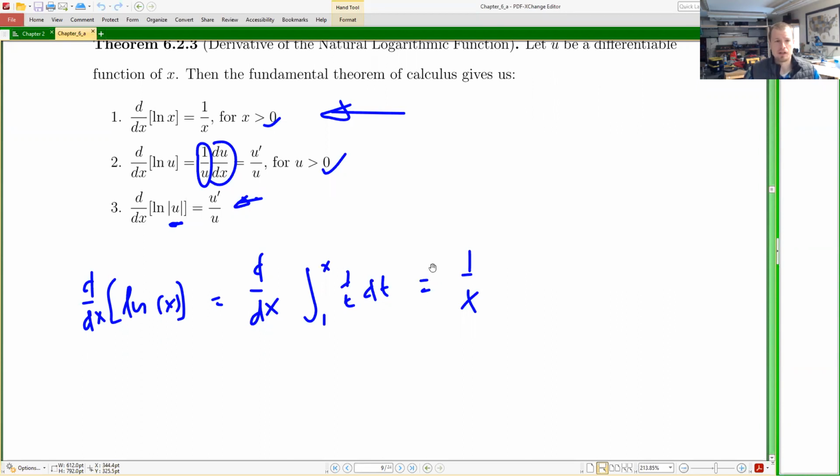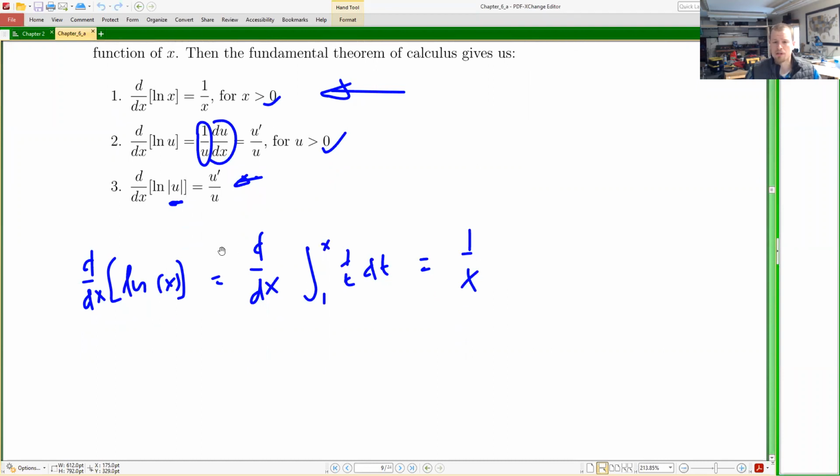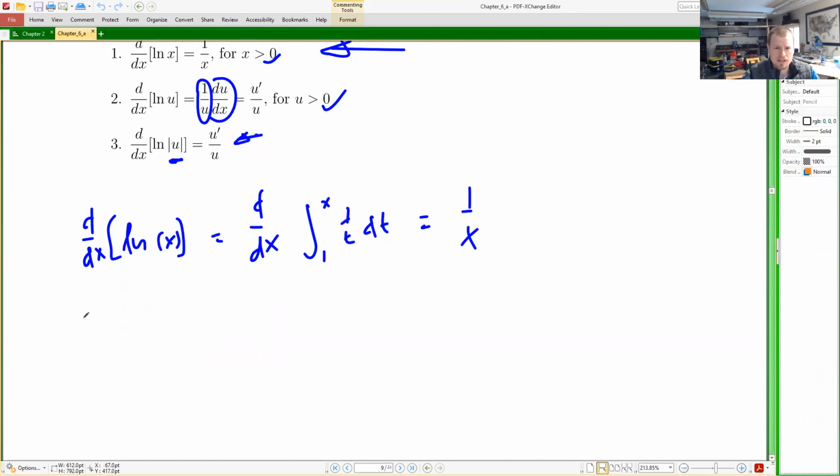Now, if you include the chain rule at that point, d over dx of the natural log of u is just going to require the chain rule. So we take the derivative of the natural log, which is 1 over the input, 1 over u, and then we multiply by the derivative of the input, the derivative of u.